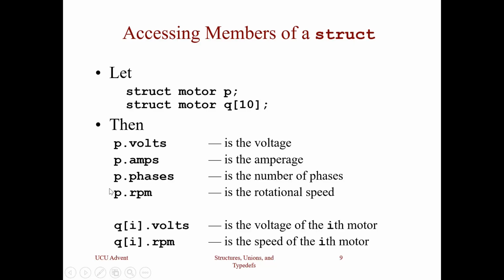So p is an object that we are using to call the members or the variables inside the structure we called motor.